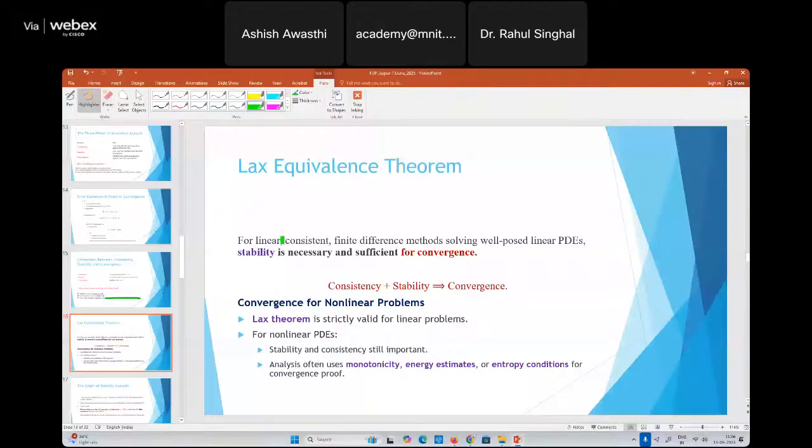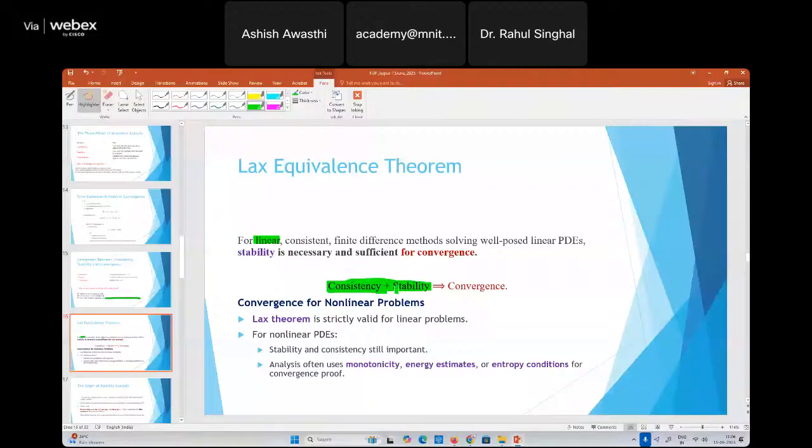If you have a consistent finite difference method for solving a well-posed linear PDE, stability is the necessary and sufficient condition for convergence. That means consistency is there, stability is there, and convergence is guaranteed by Lax. So you don't have to show the convergence separately, provided your problem is linear.